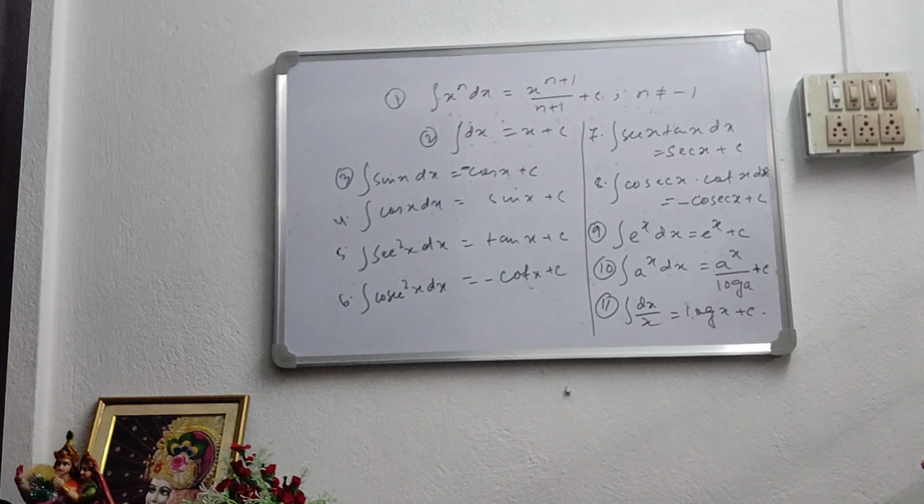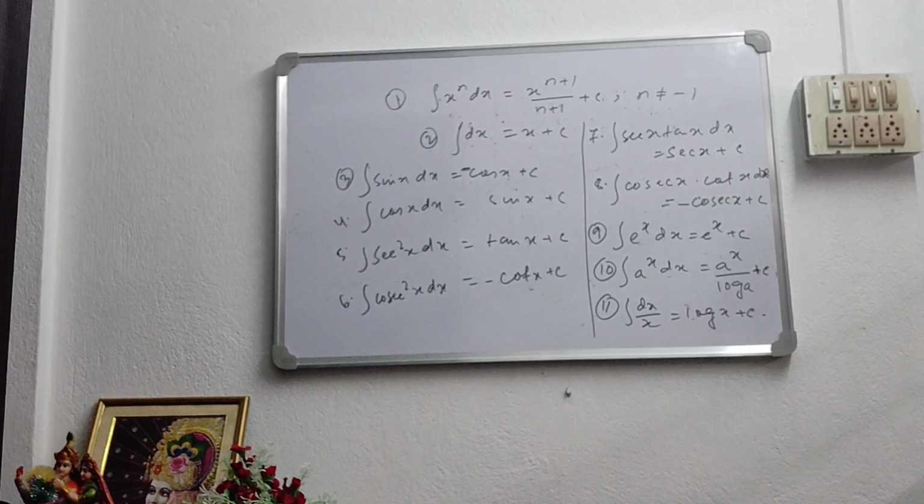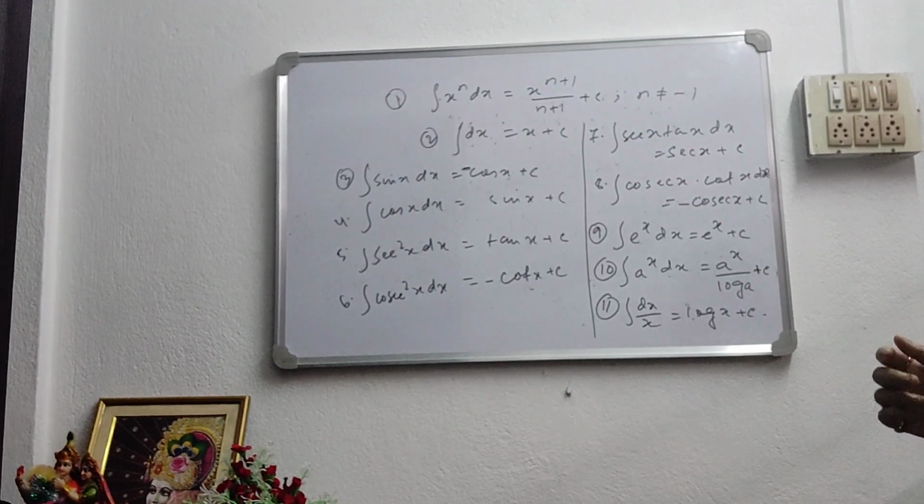See, when I differentiate cos x, it is minus sin x. But when we differentiate sin x, it is cos x. In case of integration, when we are integrating cos x, it is sin x. When we are integrating sin x, it is minus cos x plus c. Integration of sec x tan x is sec x plus c.